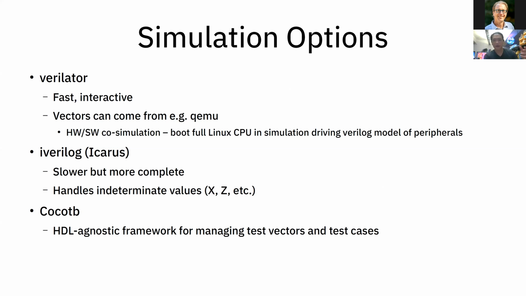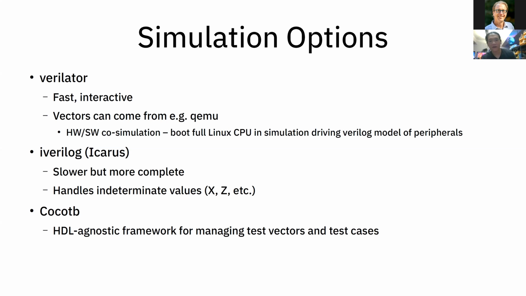You boot Linux on a simulated CPU, and have a Verilog model of a peripheral driven by register writes from Linux, and see how the two interact and capture problems. One problem with it, as far as I understand, is that it doesn't handle indeterminate values like X's and Z's. It's very fast, but it's not a full, complete Verilog spec simulator.